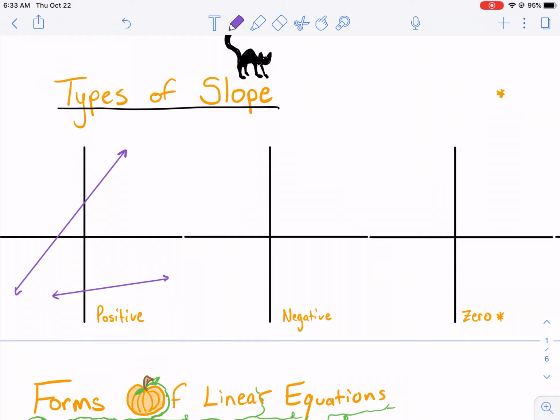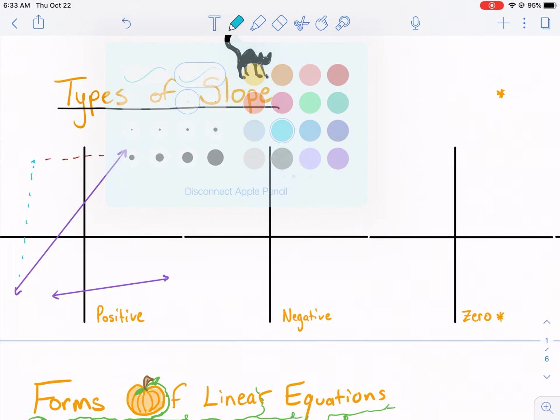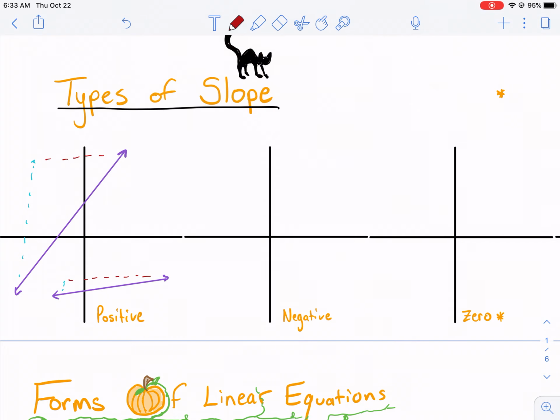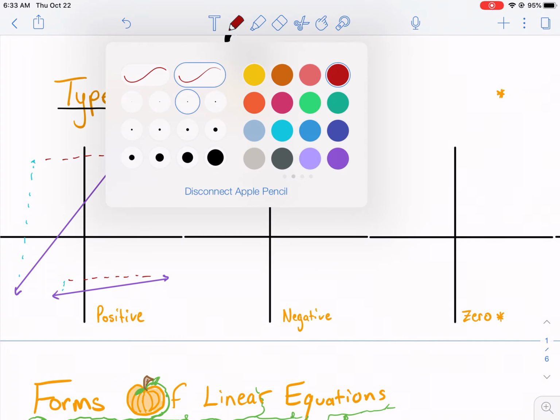This one has a big rise and a medium run. This one has a very small rise and a long run. That means it's going to be a smaller slope. If you have a small number on top and a big number on the bottom, the fraction is going to be small.